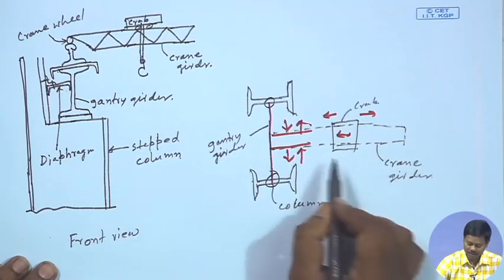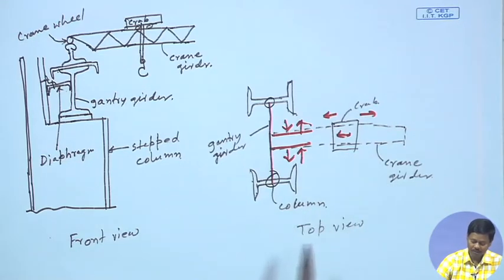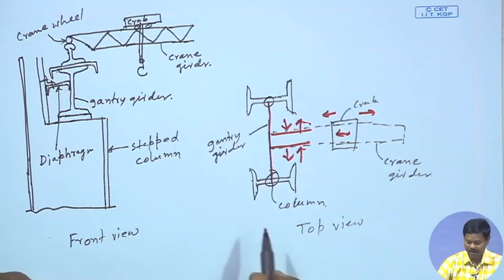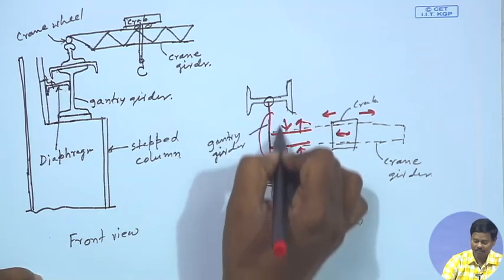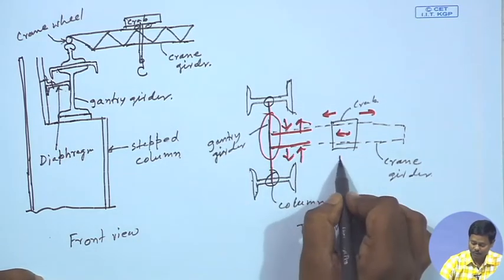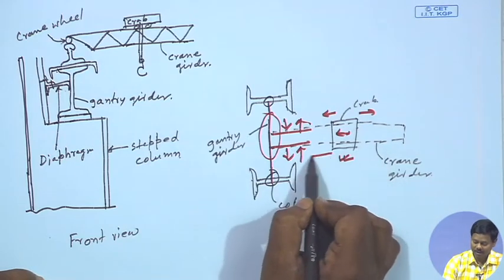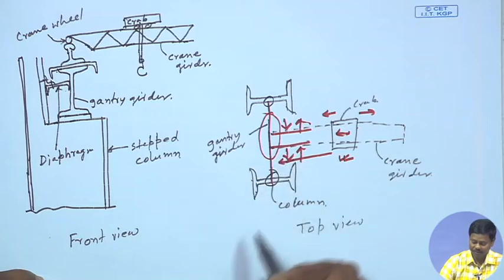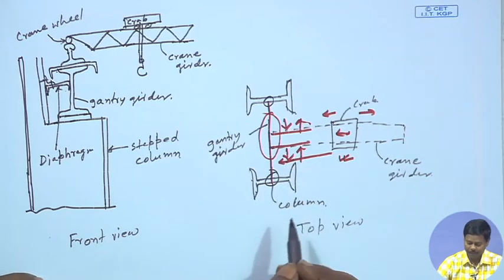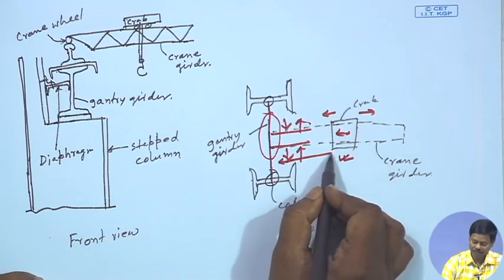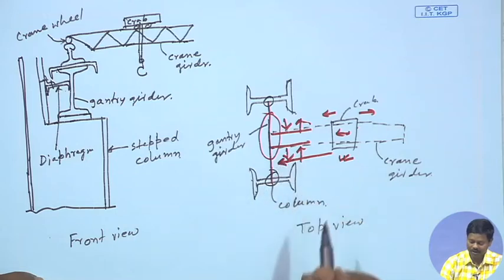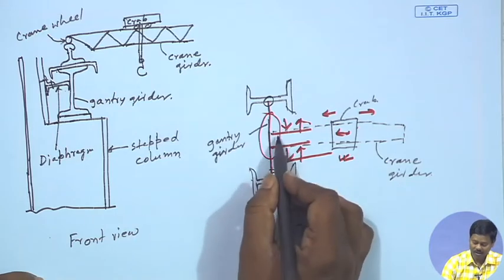So, what we can see is that when we calculate the maximum bending moment and shear force on the gantry girder, we have to see what the maximum load effect is. The maximum load effect will be when it is in the closest position to the gantry girder. So, the crab position should be closest to the gantry girder, and then we can find the maximum effect.